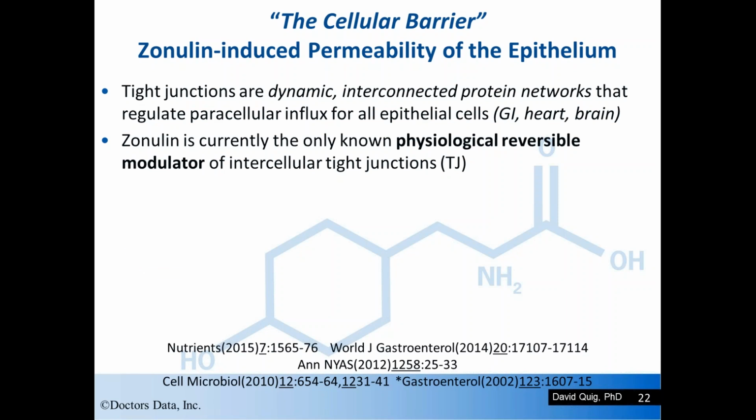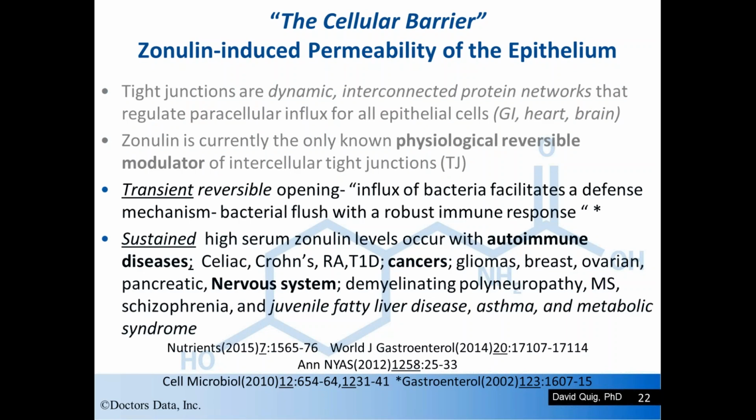Now, we do have transient, very transient, reversible opening and closing of these tight junction protein complexes, and that occurs as a defensive mechanism. As explained by Dr. Alessio Fasano, this permits an influx of bacteria that facilitates a very robust immune response.